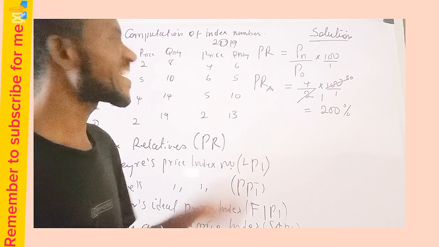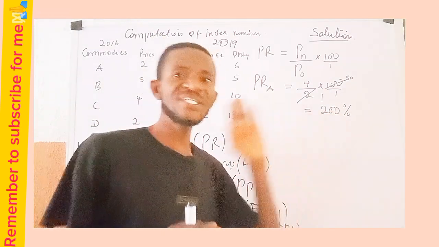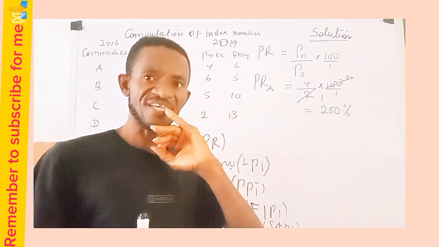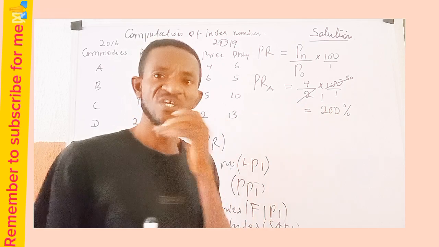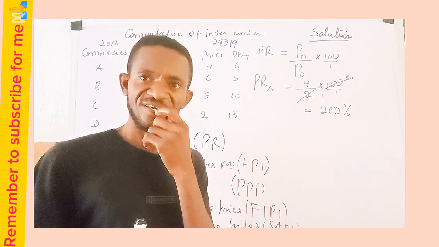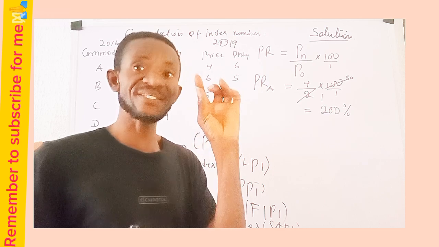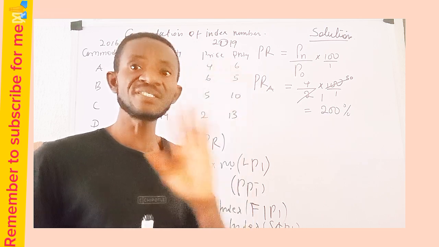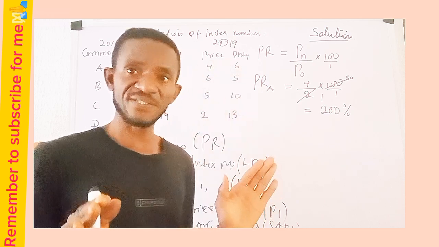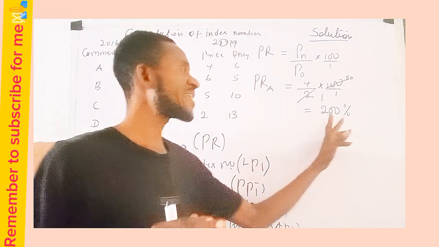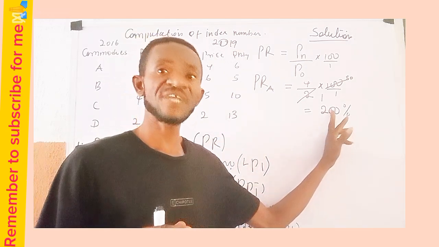Now, the concern here is how do we interpret this price relative of commodity A, which is 200%? In our earlier class, we said that the price index of any base year is taken to be 100%. Now we have computed the price relative and it is 200%.